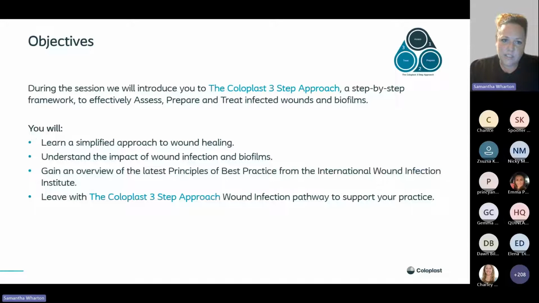During the session this evening, we're going to introduce you to the Coloplast three-step approach. This is a step-by-step framework to effectively assess, prepare and treat wounds, looking at infected wounds and biofilms. We'll go through each step in more detail.